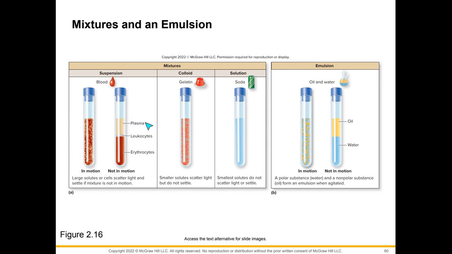The plasma part constitutes about 55%. The packed cell volume, or your red blood cells, is about 45%. The middle region here is known as the buffy coat, which has your white blood cells, also known as leukocytes, and it has your platelets as well.